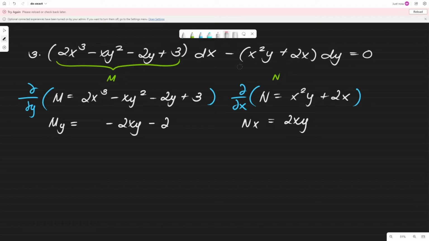Actually, nakalimutan nating i-include yung negative sign. So, this one is actually negative. Okay, so we have negative 2xy, then we have partial of negative 2x in respect to x, just negative 2. So, mapapansin natin, M partial y is equal to N partial x. So, this is exact.